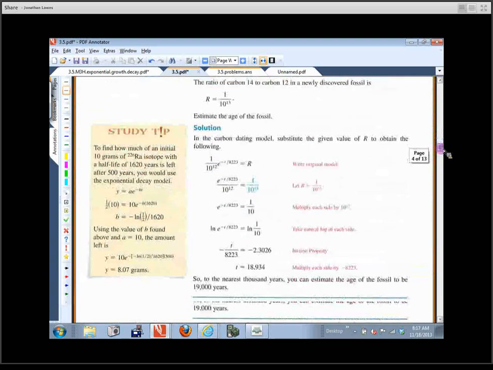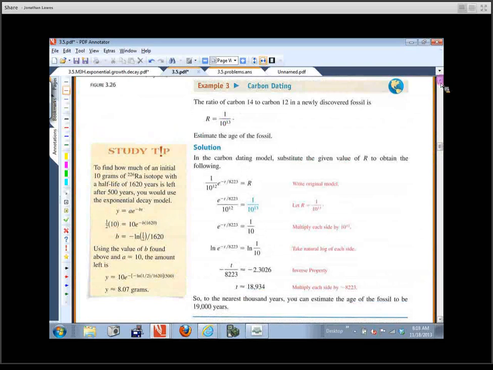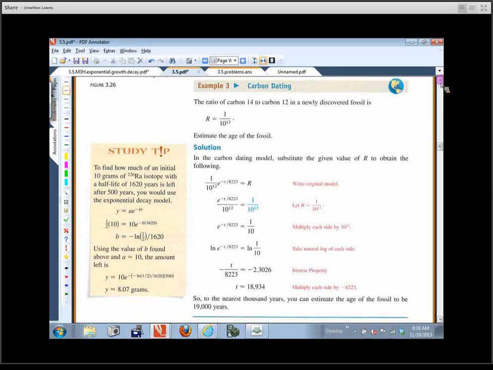Okay, so let's talk about carbon dating for just a second. We're talking about carbon-14 and carbon-12. Until I read this book, I didn't realize that they used a ratio of carbon-12 to carbon-14. Everything in your body pretty much is made out of carbon.